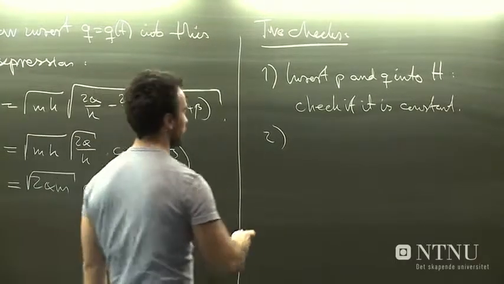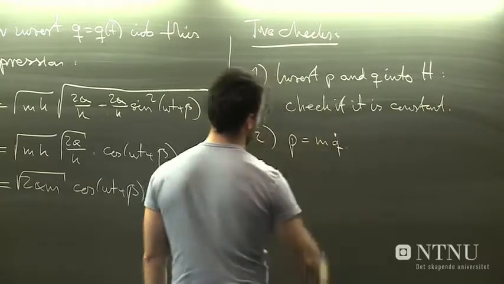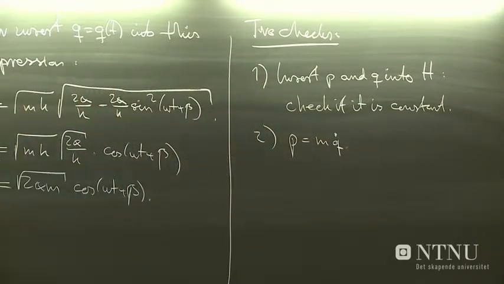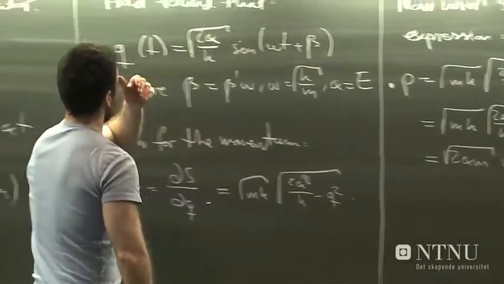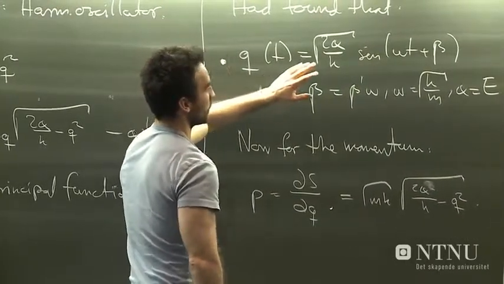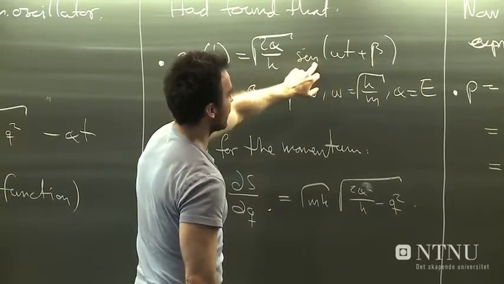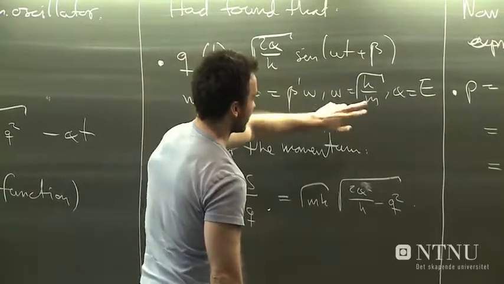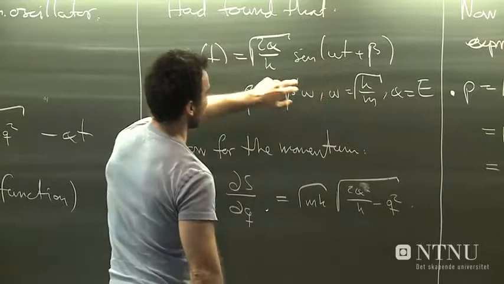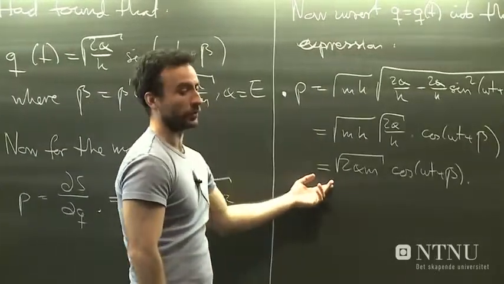But we also have this, just the very definition of momentum. So we can just check briefly if this is the case. Well, we derive this with respect to t, so we get cosine, that looks good. But then we also get an additional factor, omega. And omega being defined like this means that the k's should cancel and we get an extra m. So it looks correct.